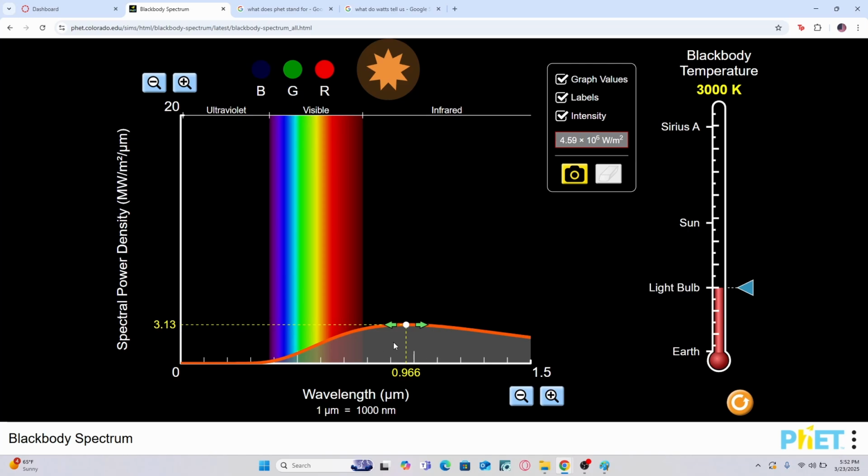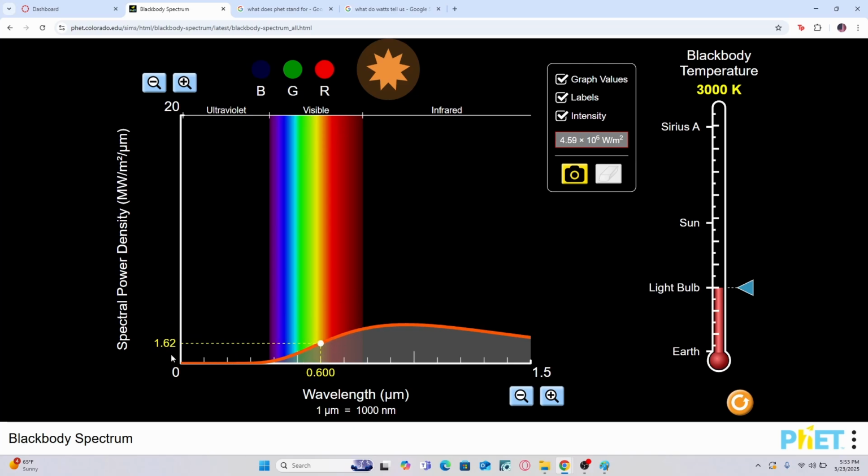Most of the radiation that is being emitted by the filament, which in this case is probably tungsten or something, after the filament has been heated to 3000 Kelvin, is mostly missing the visible spectrum, meaning human beings won't be able to see most of the light coming off of the light bulb, only a small amount. And we perceive incandescent light bulbs to be yellowish red.